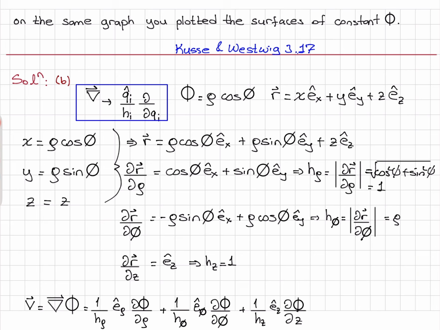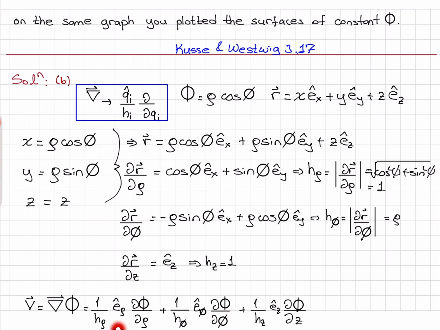And then the gradient is 1 over h rho e rho hat del phi del rho plus 1 over h phi e phi hat del phi del phi plus 1 over h z e z hat del phi del z. Now, phi doesn't have any z in it, so this gives me 0. The derivative with respect to phi gives me minus rho sine phi divided by h phi, which is rho, giving minus sine phi for this term.